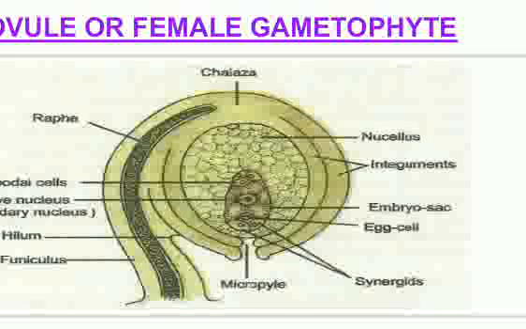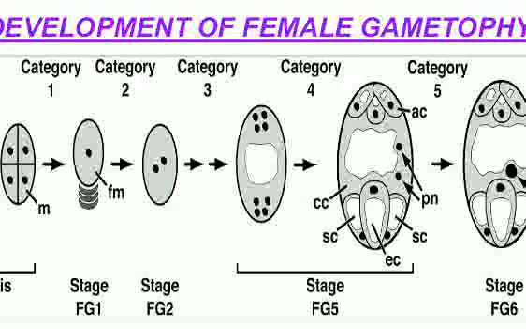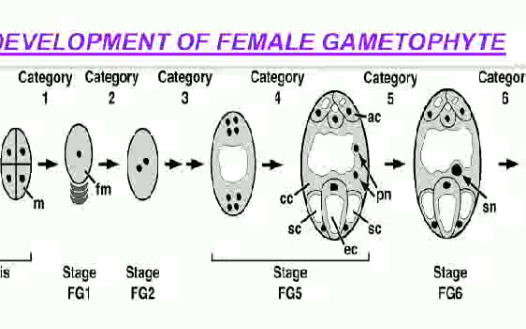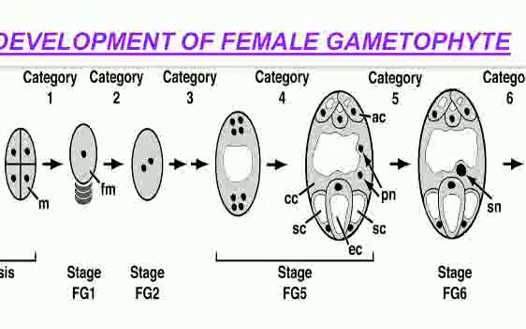Now, how do the various changes take place inside the ovule? That is the development of the female gametophyte inside the ovule. Herein you can see a series of steps in the figure. How does it take place? In the nucellus, towards the micropylar end, a hypodermal distinct archesporial cell is formed.